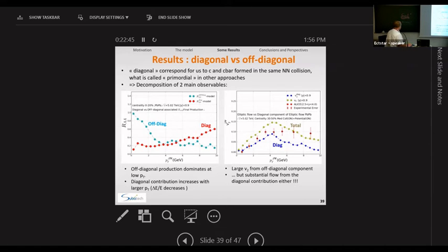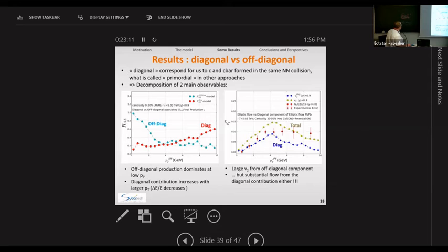Now, in order to understand where the excess comes from, let me break down the production between two components. There's the diagonal one and the off-diagonal. What I call diagonal corresponds to the c and cbar that were formed in the same nucleon collision. This is what is called primordial in other approaches. And if you look at the decomposition of RAA as a function of off-diagonal and diagonal, there is nothing too surprising.